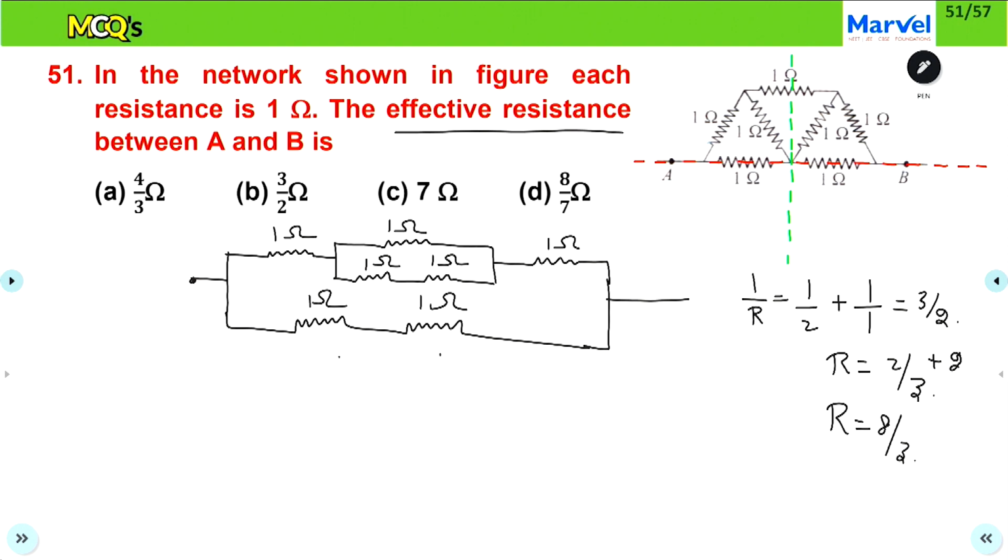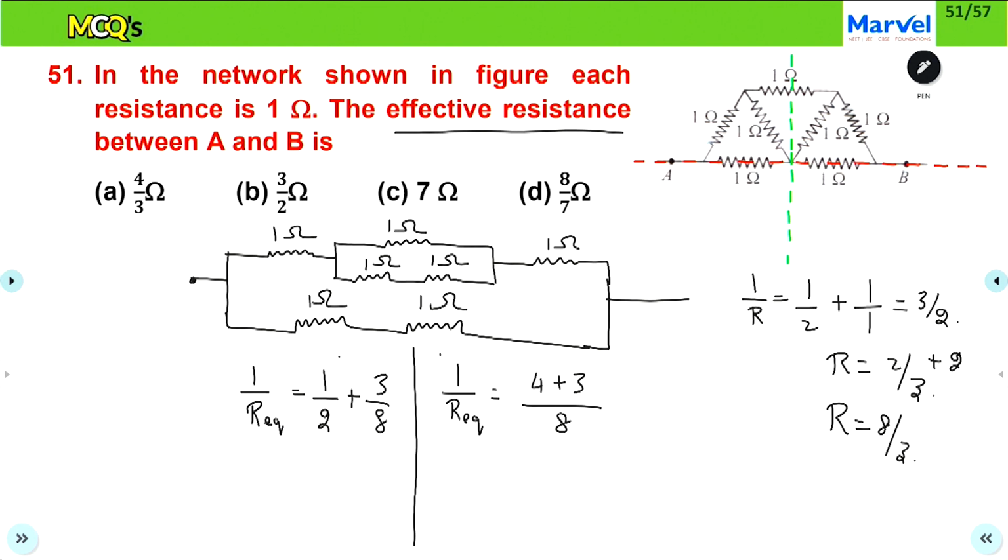So now 8 by 3 and 2 ohm are in parallel. So 1 by R equivalent is equal to 1 by 2 plus 3 by 8. So now 1 by R equivalent is equal to, 8 is the LCM, and 4 plus 3 in the numerator.